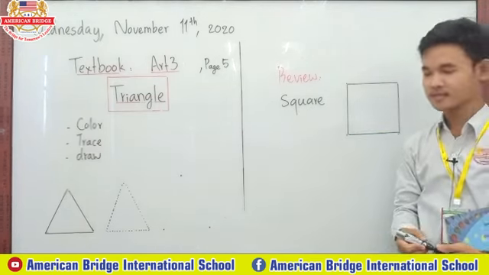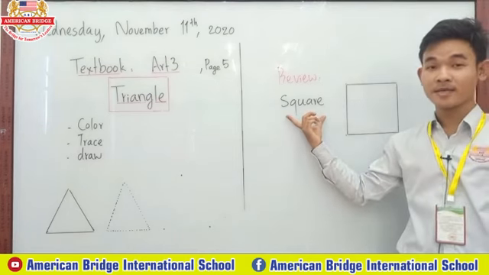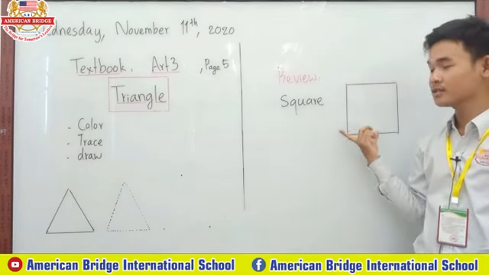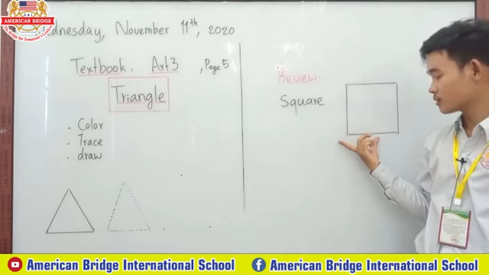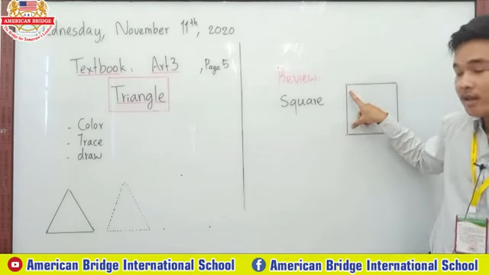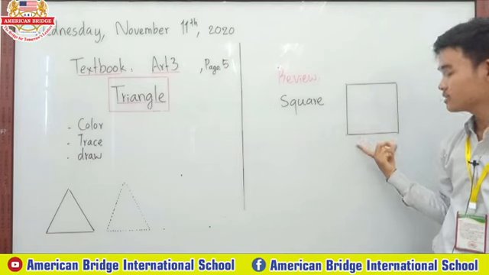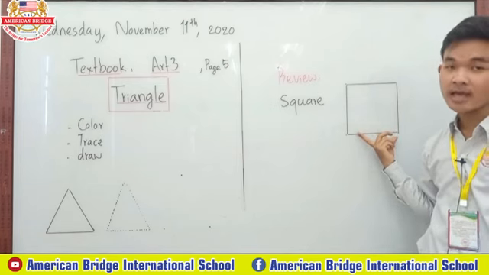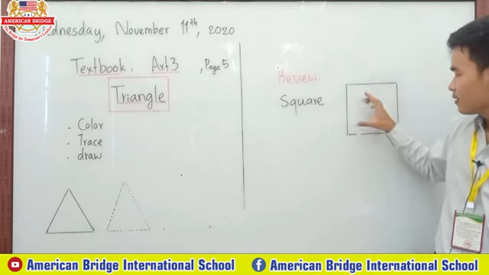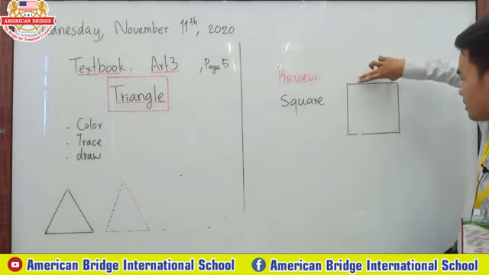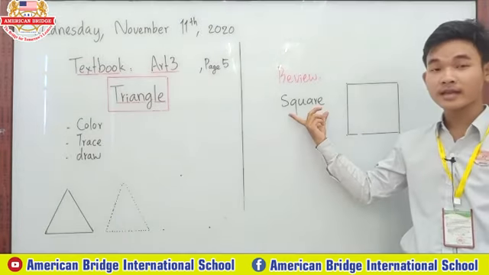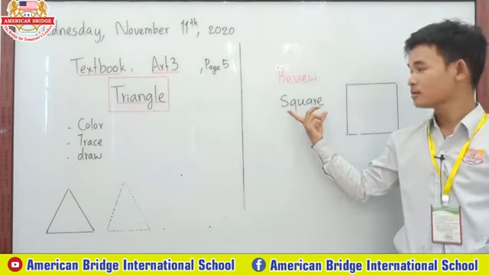Alright, here, this is a shape that you already learned. So this we call square. This line, this line, this line, this line are the same length. This one, the same, and the same. And that one we call square.